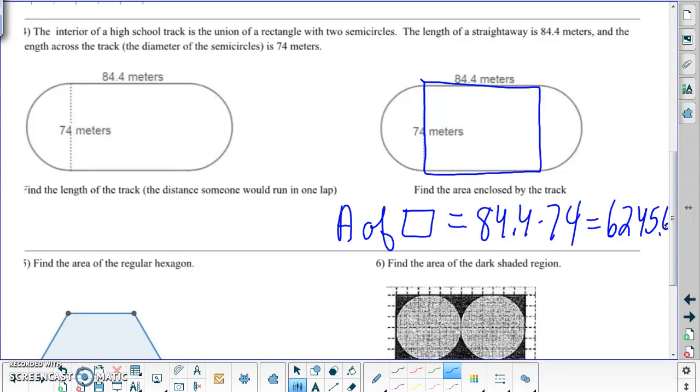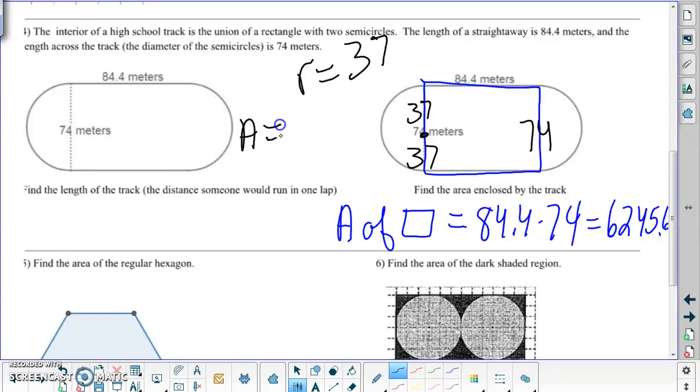Okay, so if I want to find the area of the two semicircles, what is the radius? That's 37. So remember, if the diameter is 74, that means the radius is 37. So I'm going to use the formula pi r squared.